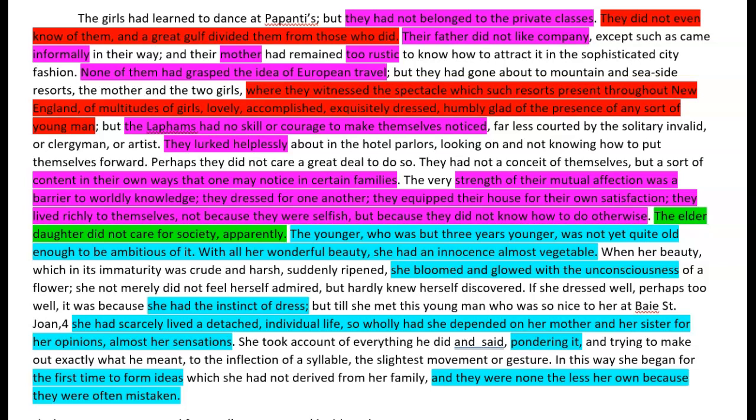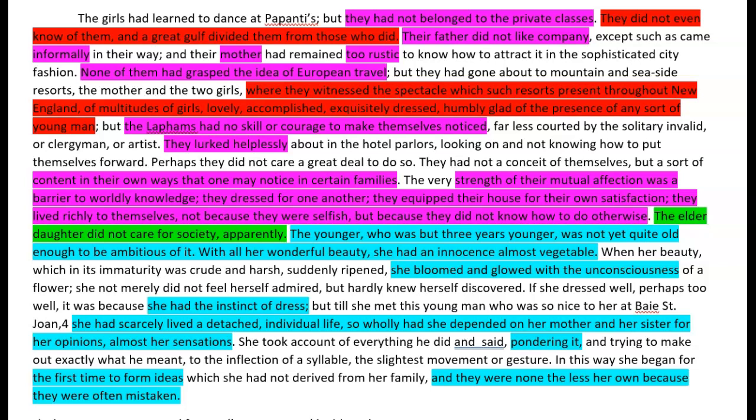And then you get this great analysis of her that says that she's beautiful, but she was unconscious of it. She dressed well, but not because she knew about society. It's more that she just instinctually knew what fashion was. And it said that she had scarcely lived a detached individual life.